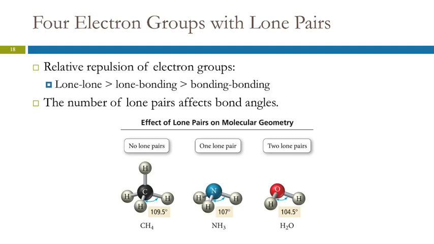Yes? So will those numbers be consistent pretty much throughout? No. Those numbers would not be consistent throughout, because you can have other molecules that have this shape, 2 lone pairs and two bonding pairs. The angles would not necessarily be the same. Would it be around that area?